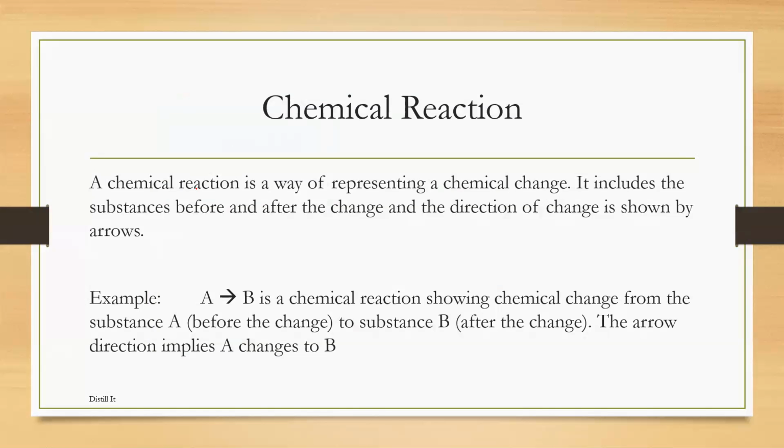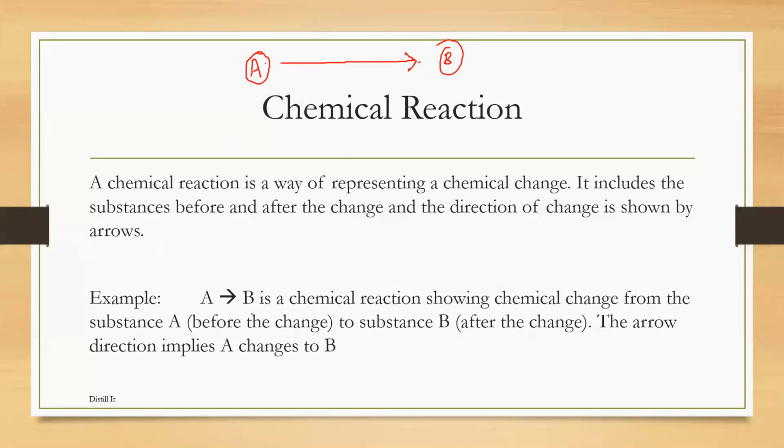So what is a chemical reaction? A chemical reaction is basically a way to represent a chemical change. It includes the substances before and after the change, and the direction of change is shown by arrows. So let's say a chemical change is taking place which transforms A into B. Then this A and this B would be present in the chemical reaction, and the direction in which transformation occurs would be shown by an arrow.